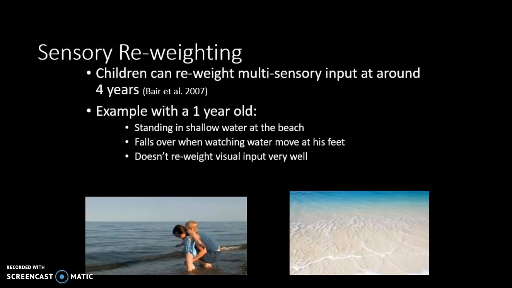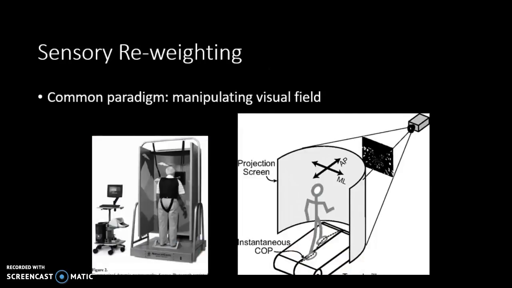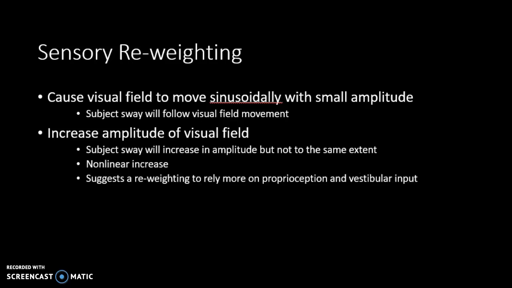So a 1-year-old standing in shallow water, all of a sudden the wave is moving, the water feels like it's going backwards, and they're getting all this sensory information from watching the wave, feeling the water come against their legs, and then eventually they fall over because they're not able to reweight the visual input very well.